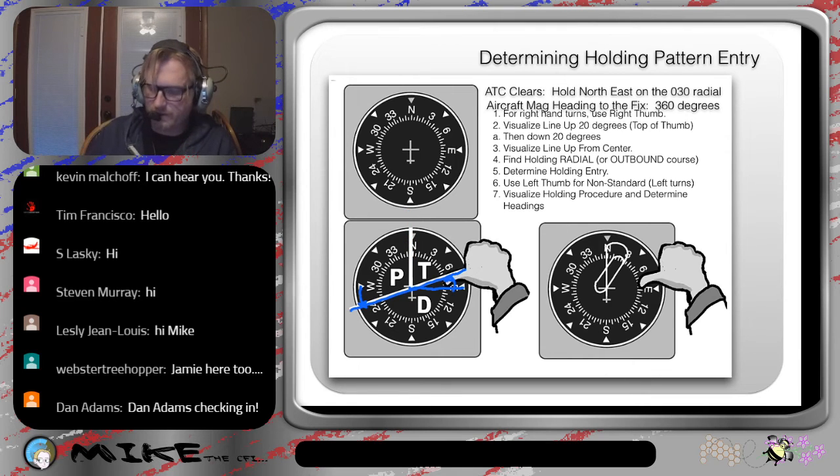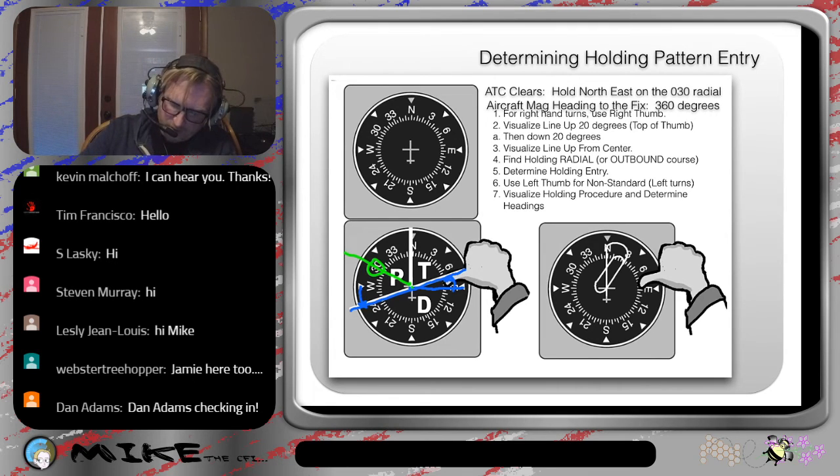If I was told to hold northwest on the 300 radial, then I just find the 300 radial. I see what piece of the pie that landed in, and it's in the parallel piece of the pie. So that tells me that I'm going to want to do a parallel entry when I approach the holding fix.